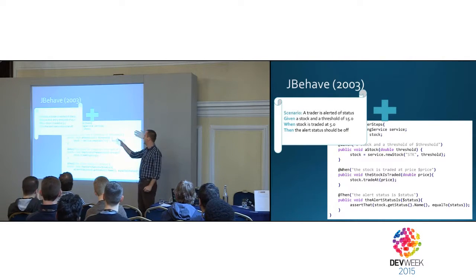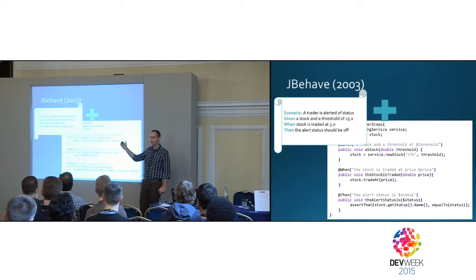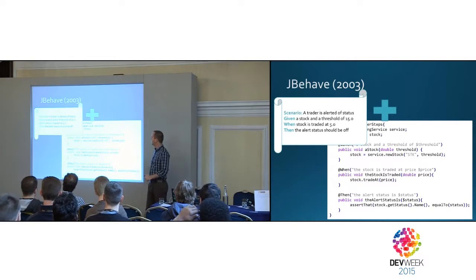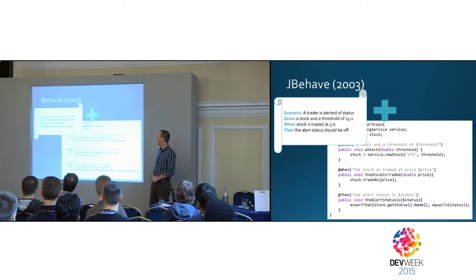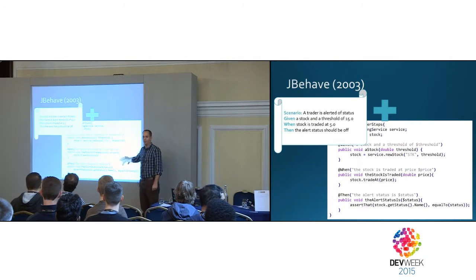And the idea is I have at least two documents. One is a plain text document for the business guys to read and write. The scenario: trader is alerted of status. Given a stock and threshold of 15, when the stock traded down to 5, then the alert should be off. That's the business people. Either they write it on their own or they explain it well enough for me to write it. But that's a plain text file. And then I have code and something to connect them together.